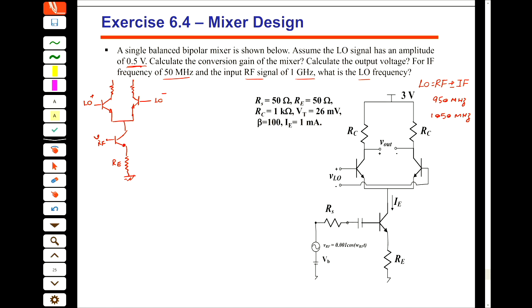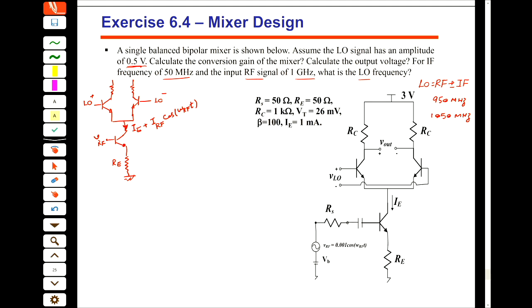If I want to write down the current that we have here, I can say that the current equals IE, which relates to the biasing current, I mean the DC current, plus IRF cosine omega RF t.